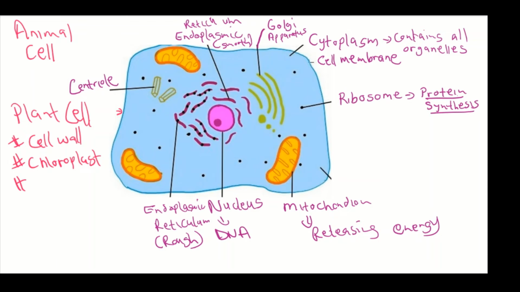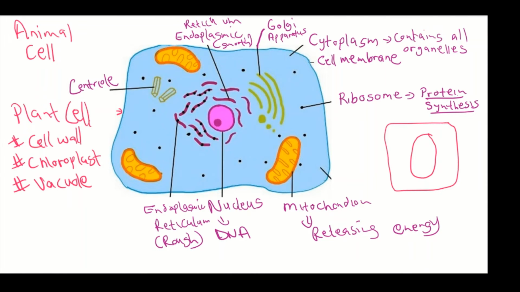And it also contains a vacuole. So just note that also animal cells have vacuoles, it's just that they are really small. But for plant cells, they have big vacuoles. Like if I were to draw, let's say this is a plant cell, a vacuole will be this big.